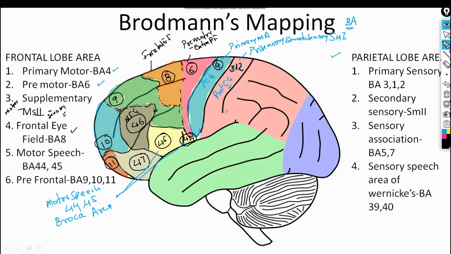Clear? This primary sensory area inferiorly is limited up to here, and to the inferior part of this primary sensory area, here we see the secondary sensory area, and this is represented by this capital S, small m, with number 2.